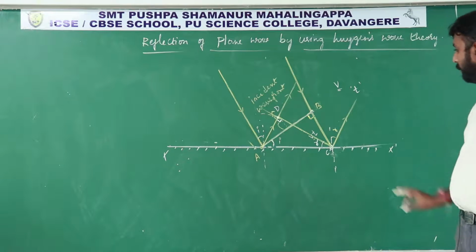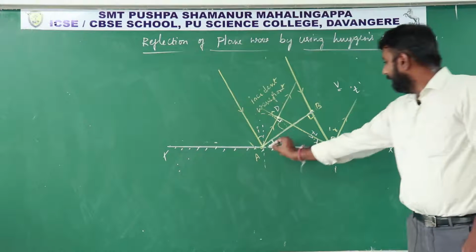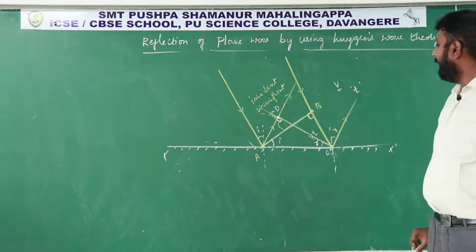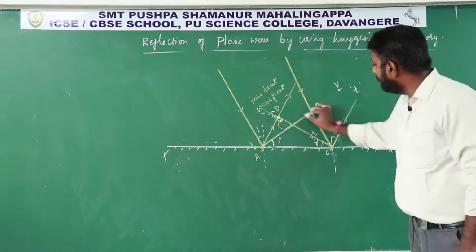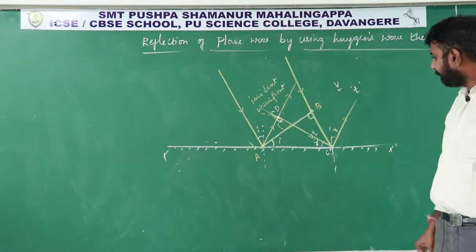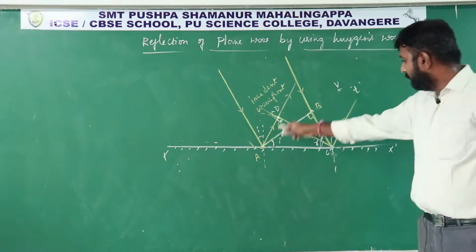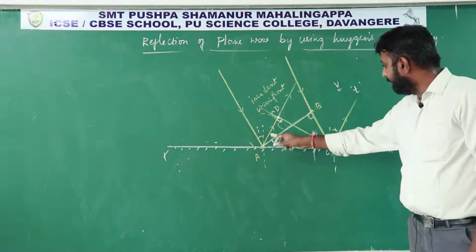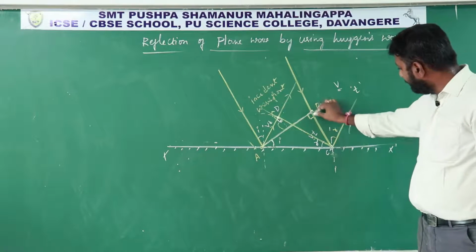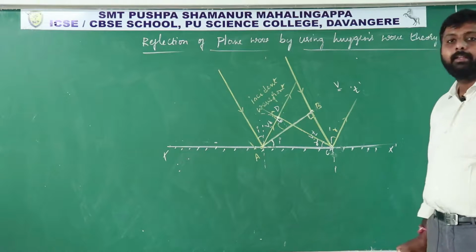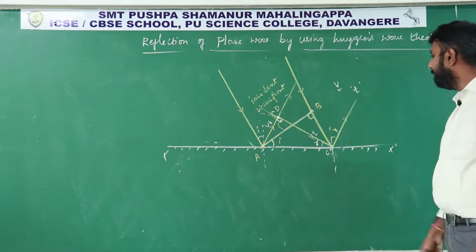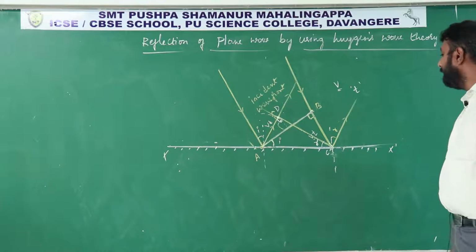Okay, in the two triangles, AC is common and these two angles are also the same, angle D equals angle B. Then the sides AD and BC are also equal, both distances equal V into T. So you can say that the triangles ADC and ABC are congruent.